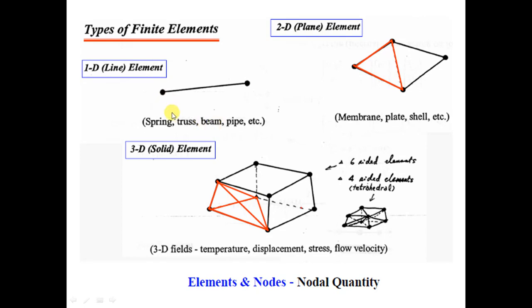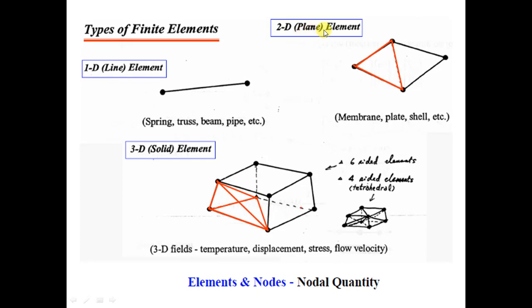For solving a truss, truss element is used. So depending on the parts, we can divide the 1D element also, right. So 1D object is there, so for 1D object we can use the 1D element. So 1D elements are spring, truss, beam, pipe, etc.